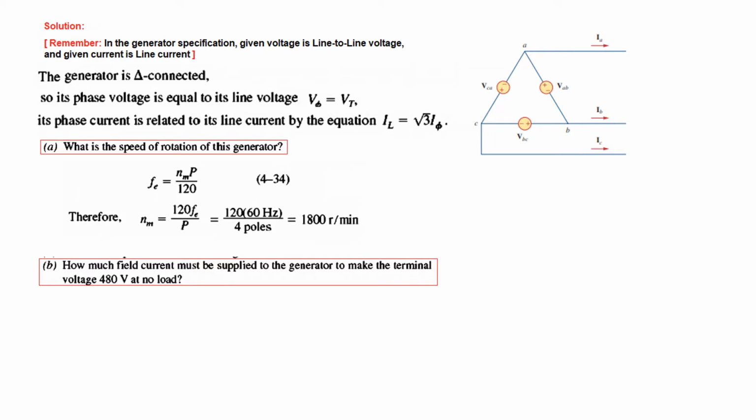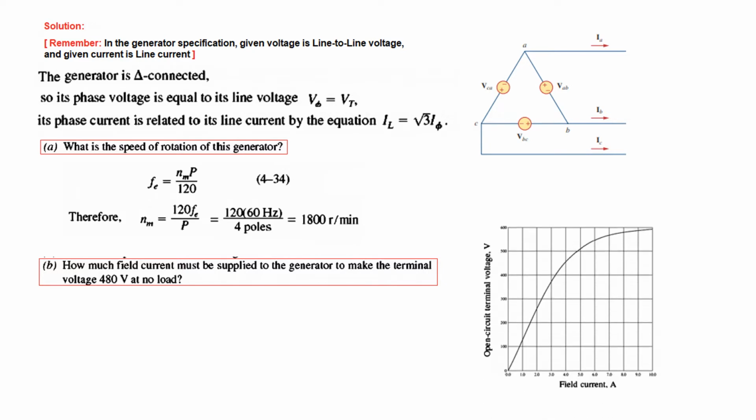Now part B says how much field current must be supplied to the generator to make the terminal voltage 480 volt at no load. Since there is no load, whatever was the voltage at the generator side will be at the terminal voltage, assuming there is no drop, and since there is no current flowing, there will be no drop. The only thing we have to do is ensure that the field current is appropriate to generate this 480 volt.